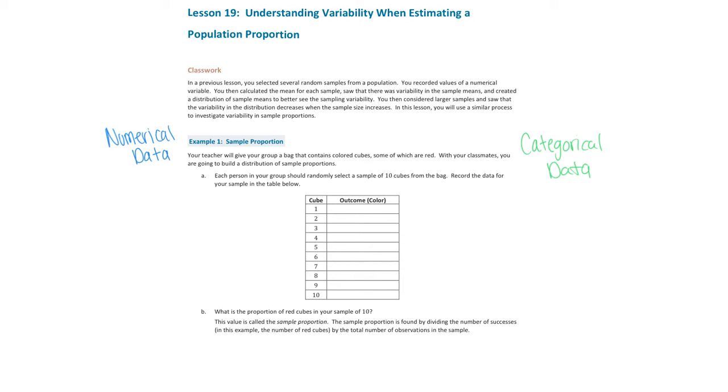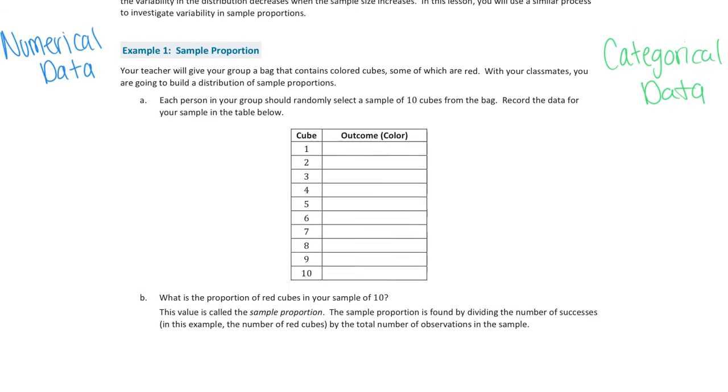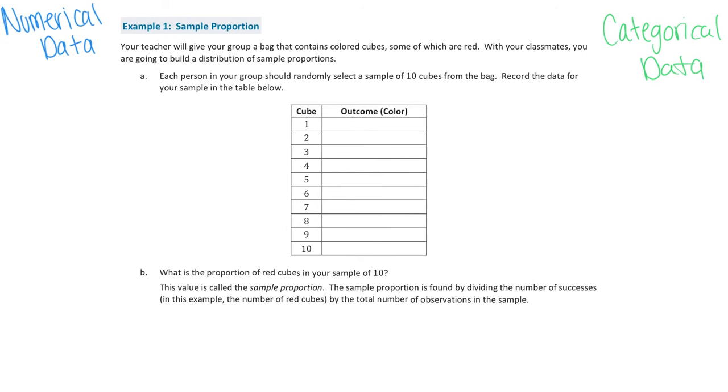So let's pretend that for your data outcome, for cube 1, we have green. Our second one is red. Our third one is green. Our fourth one is yellow. Our fifth one is also yellow.